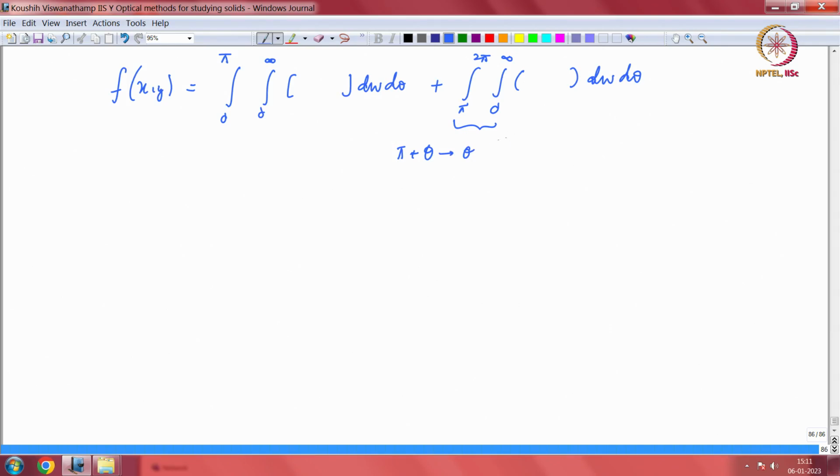So, the second integral if I do this will be 0 to pi, 0 to infinity, everything else will remain unchanged, but you will get F of w comma theta plus pi, right. This is the same as F of w cos of theta plus pi and so on, right.